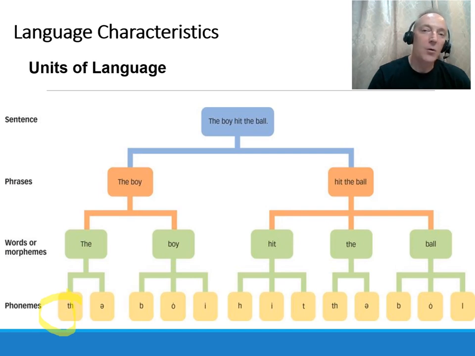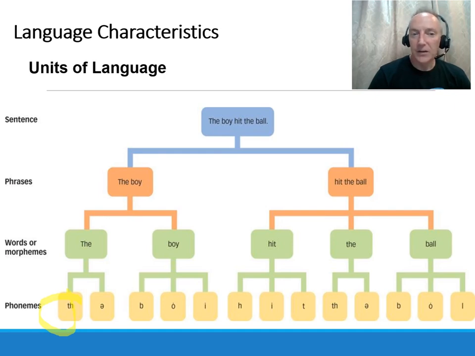For our vowels, we can have the long and the short vowels. We can have two letters together representing one united sound, like the th in the. So languages have their own phonemes, and phonemes vary by language.